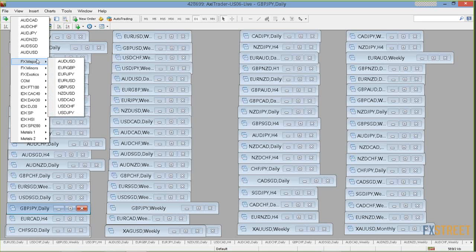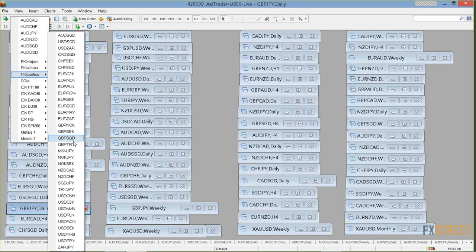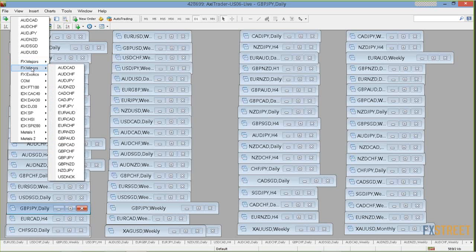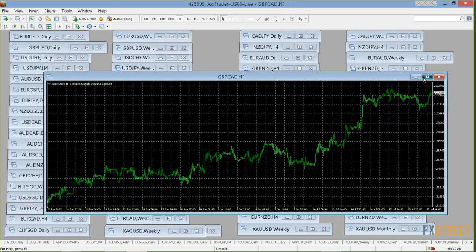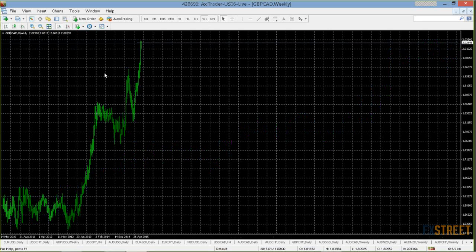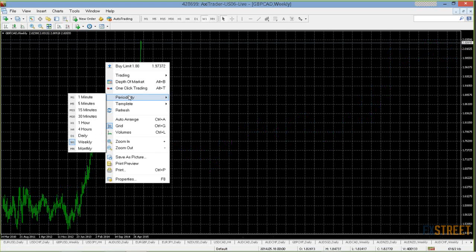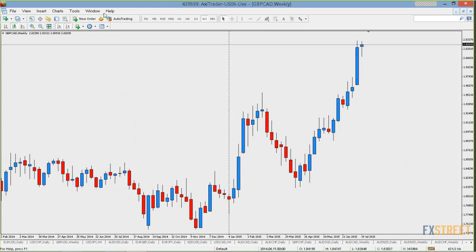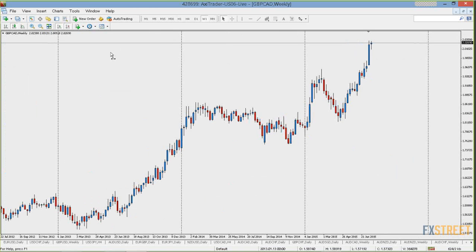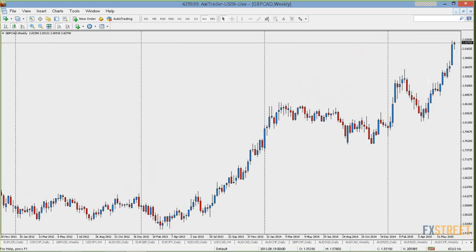Okay, so pound CAD is going to be under miners. All right. I'm going to pull up the weekly pound CAD chart, and I'm going to make it blue and red candles because I'm kind of used to the blue and red candle thing. All right, so this is how it works. And I found this process to be very easy to follow.